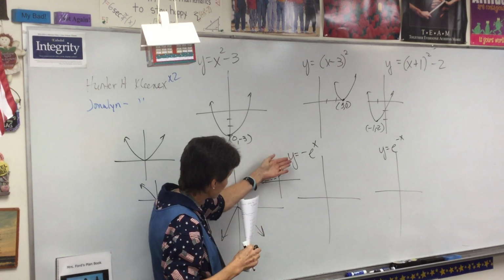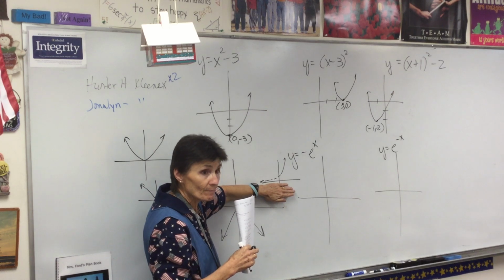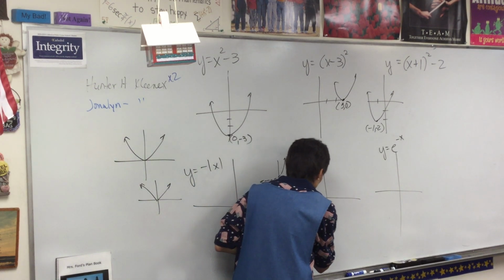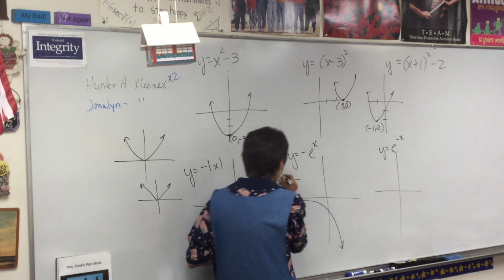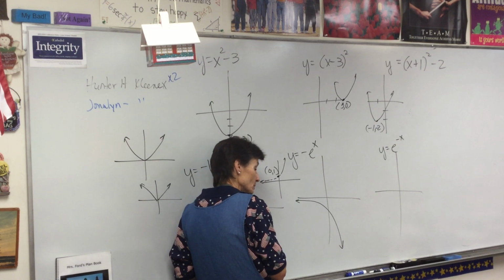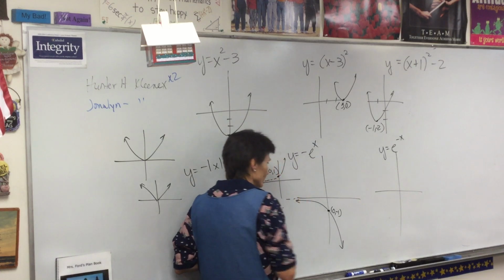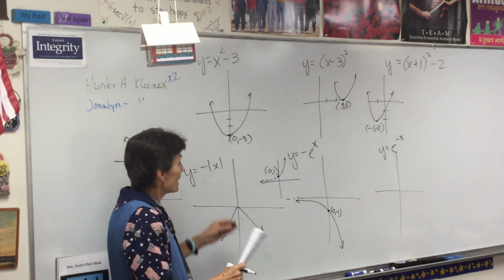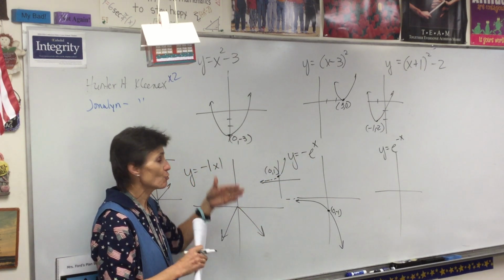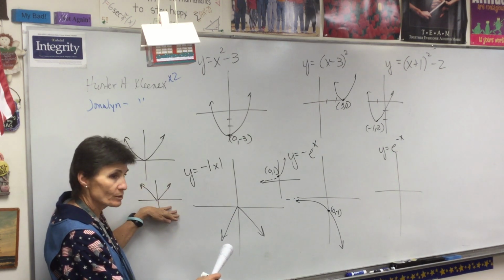It's going to just take this and fold it over. Right? Turns it upside down. So it's going to look like this. And this was the 0.01 in the original. So now it's going to be the 0.0 -1. A negative out in front simply takes your picture and flips it over the x-axis, folds it over.